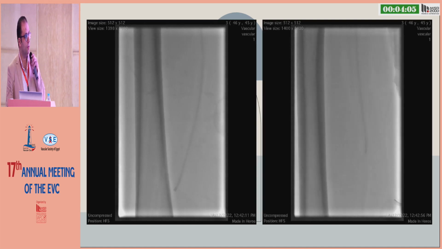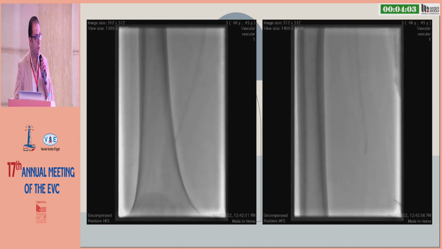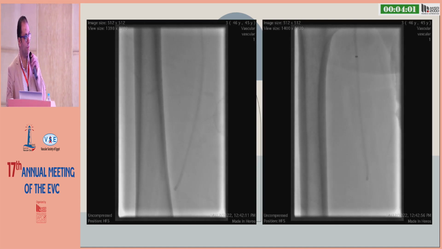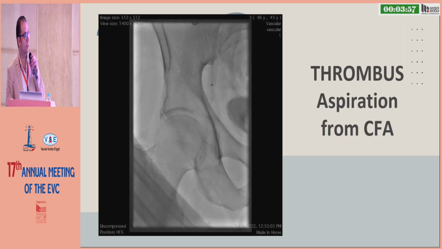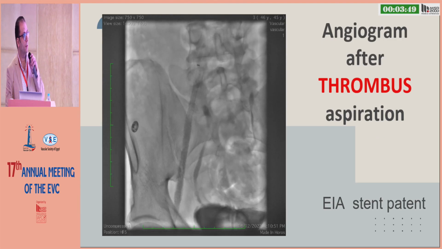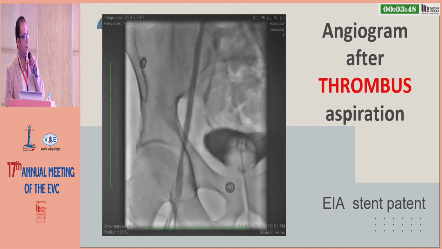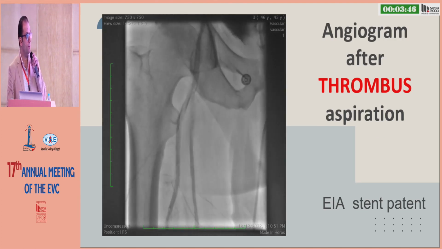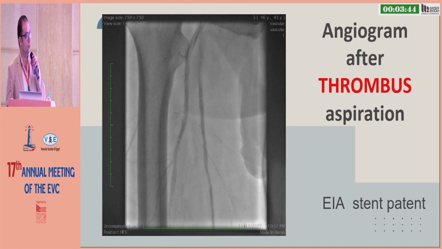We tried using a 6 French guiding catheter for aspiration of the thrombus several times, aspirating the thrombus from the stent and from the common femoral artery, and the angiogram shows residual thrombosis of both common femoral and superficial femoral arteries and profunda.